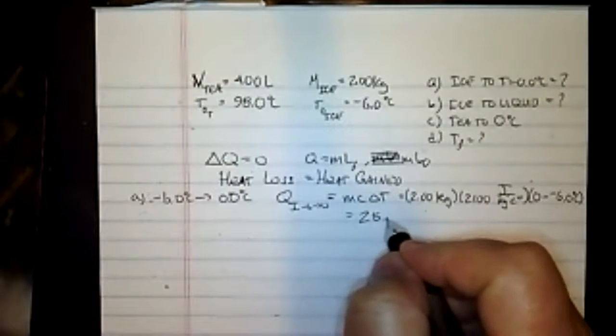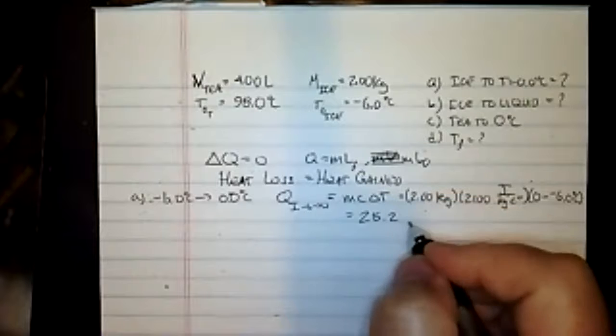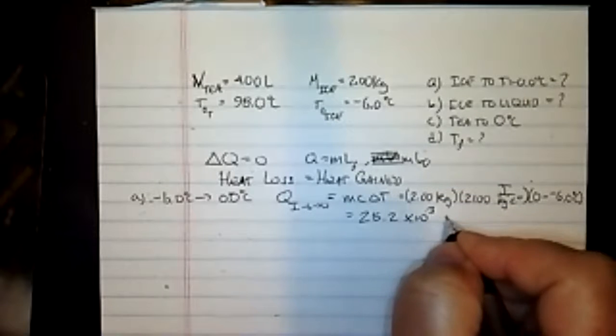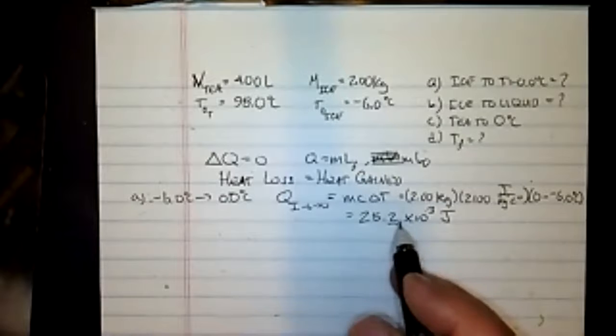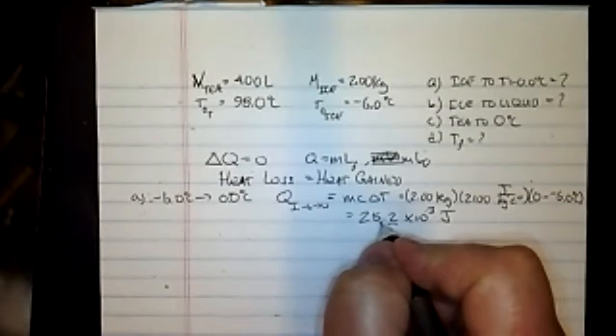I've actually worked it out before, but a second calculation can't hurt. So 2 times 2100 times 6. That should actually bring us to 2 sig figs, but I'm going to carry an extra. That's 25.2 times 10 to the third joules. That's carrying 1 extra sig fig because really I should have only had 2 sig figs there.